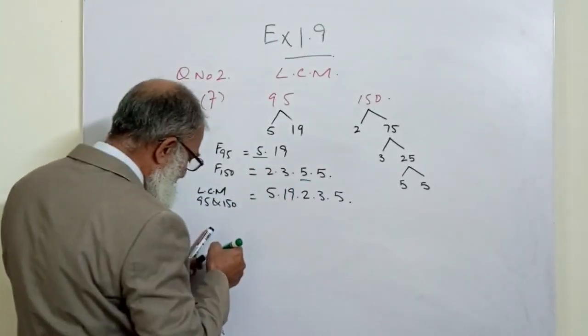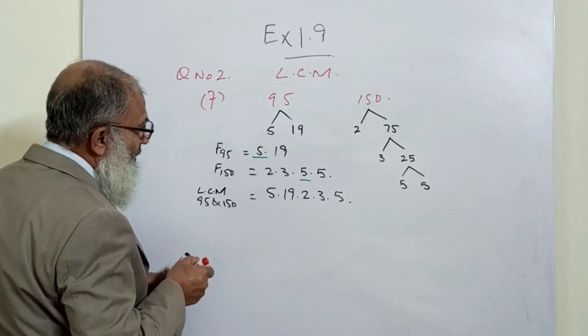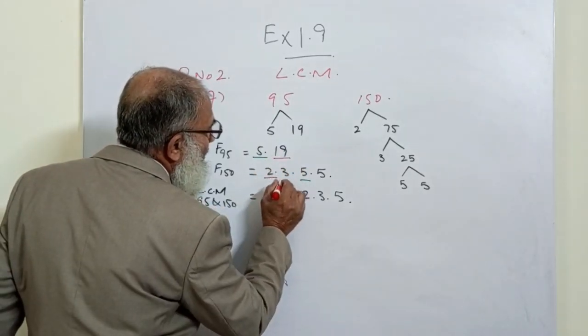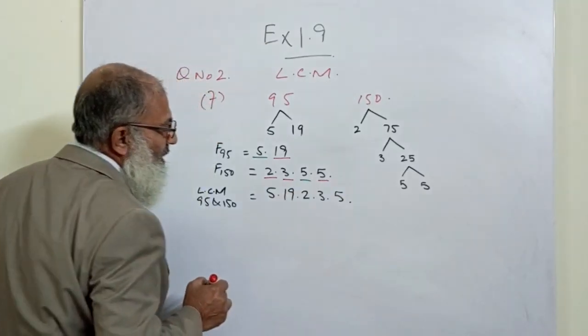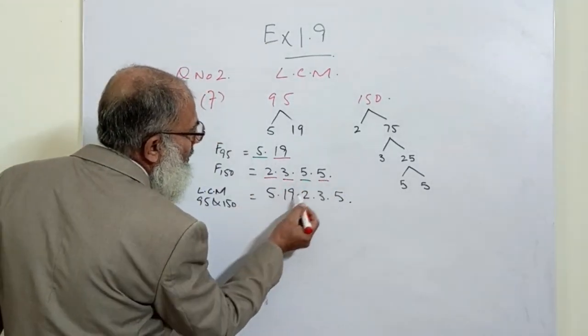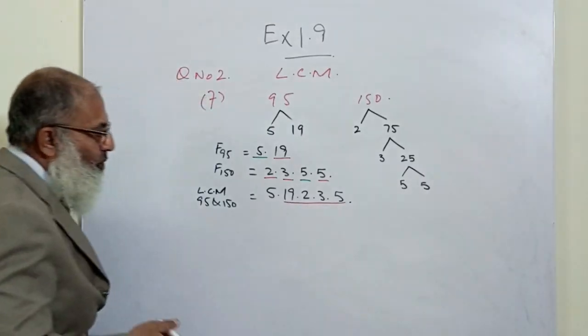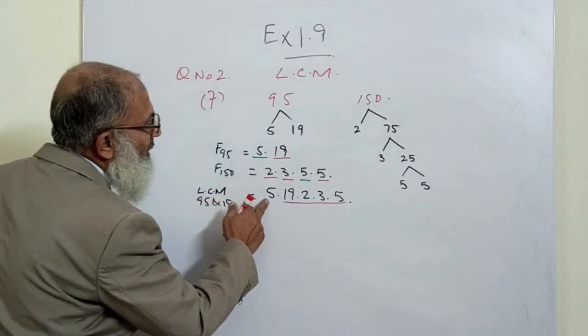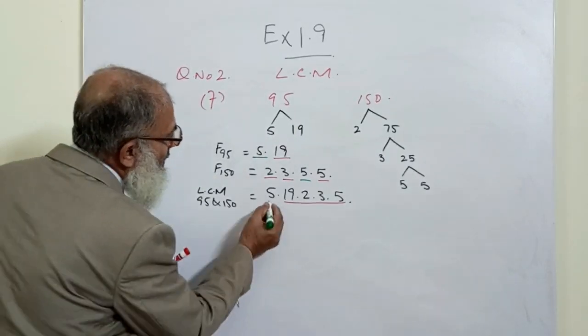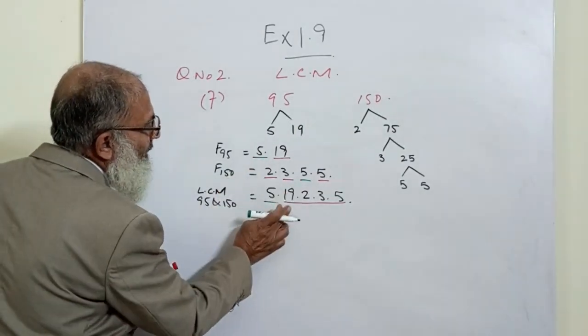This is the leftover factor, this is the leftover factor, this is the leftover factor, and this is the leftover factor. So we have written all the four here. The common here. This was the common and leftovers.